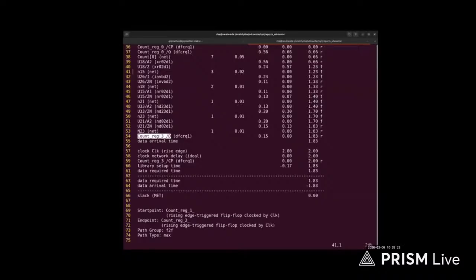If I am passing an input to the D pin of this flip-flop, there is a minimal time for this flop to wake up, realize it has got an input, and then pass this value to the Q pin. That is the minimal setup time required for this flop to work. Similarly, there is a minimum setup time for this NAND gate, NOR gate, inverter, and XOR to work. All this minimum setup time is accumulated and given as the library setup time.